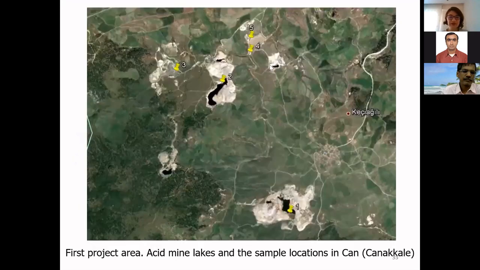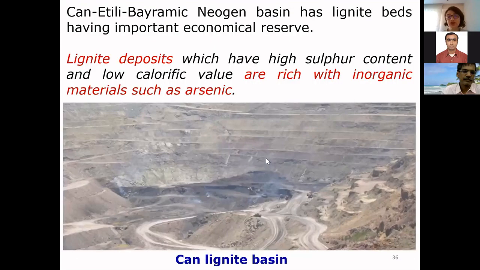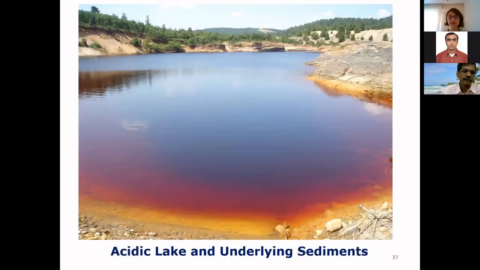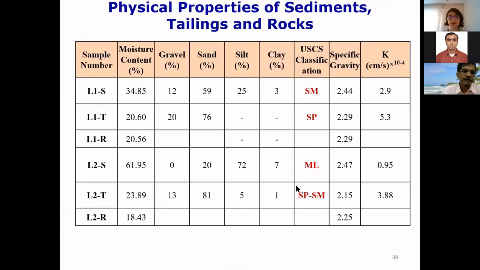These are the acidic lakes on that side, and these are our sample locations. And this is Çam Basin. The Çanakkale Bayraminç Neogene Basin has lignite beds, and these lignite beds are rich with inorganic materials such as arsenic, and this is another acidic lake and underlying sediments here.